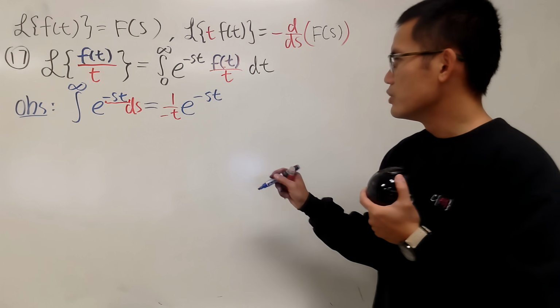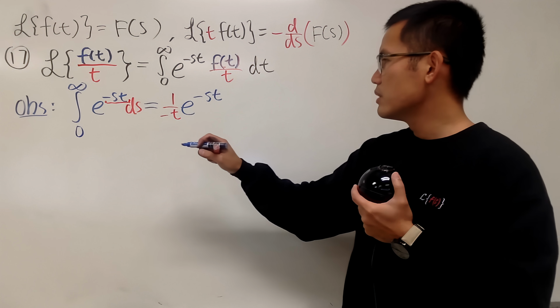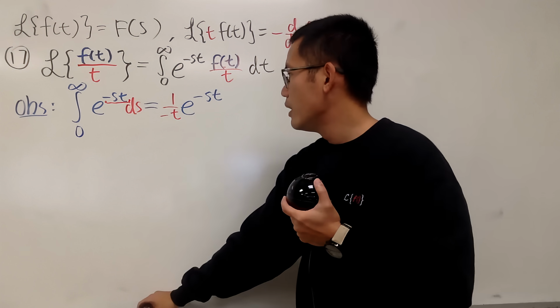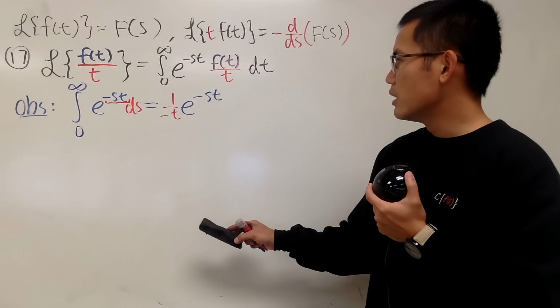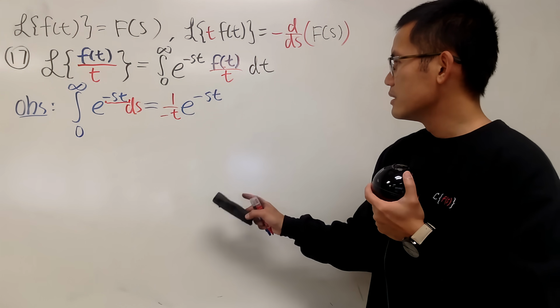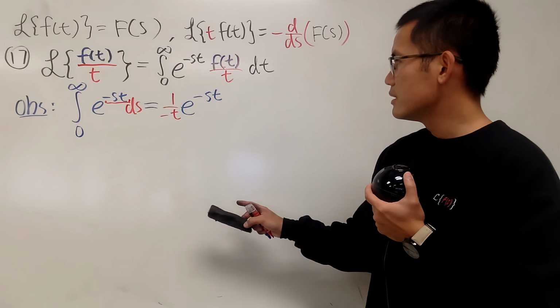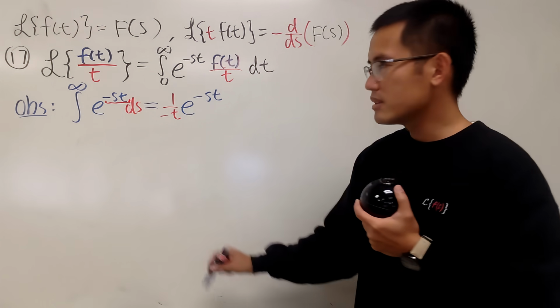Let's see. Should I just integrate this from 0? No. Actually, I'm integrating this in the s world. Can I put this down in the 0?